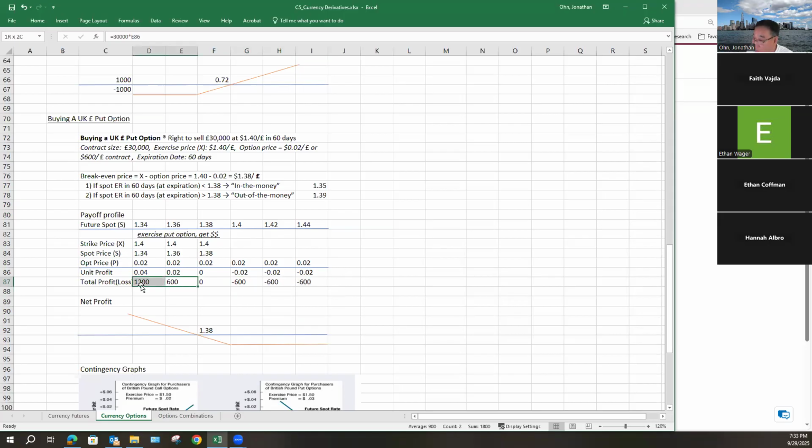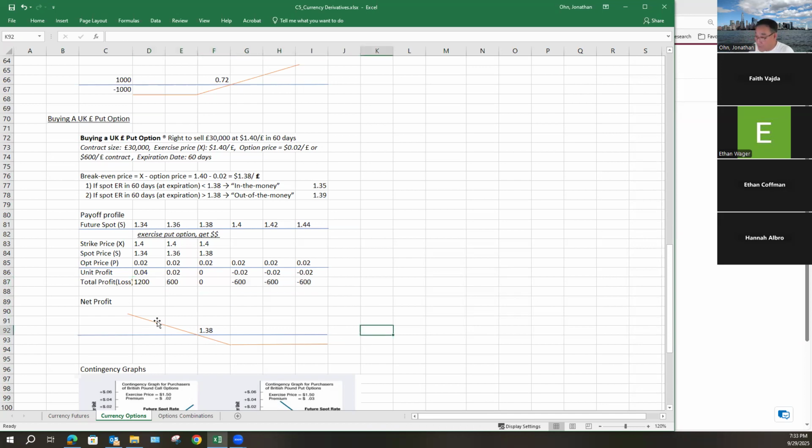And here, if the future spot price is lower than this break-even, you start to enjoy your profit. So that is your total net profit schedule. If you show that graphically, this will be your schedule.